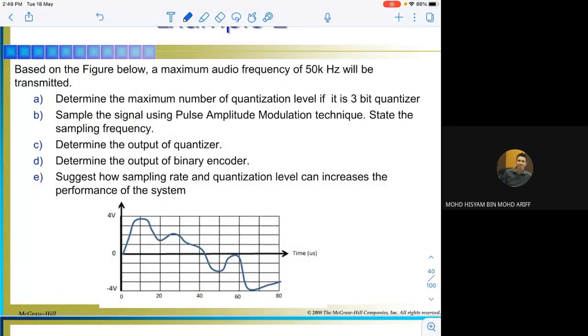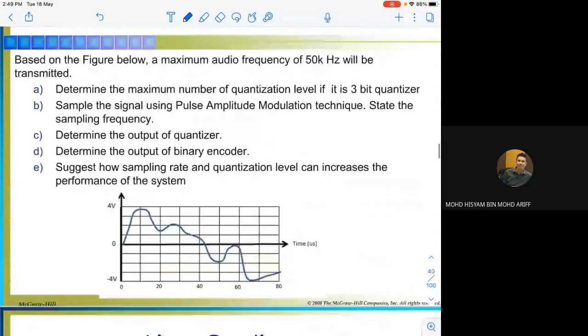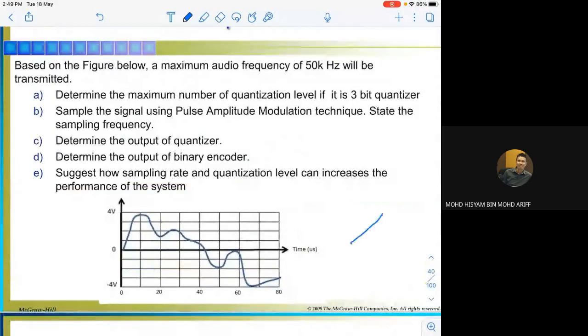Suggest a sampling rate. Okay, this PCM example I will give you next class.